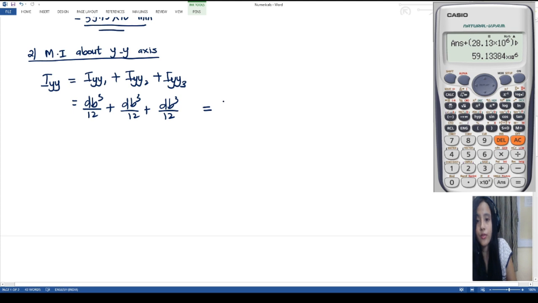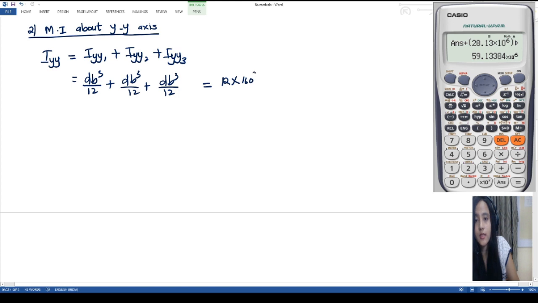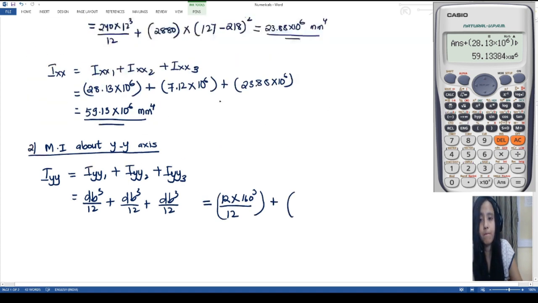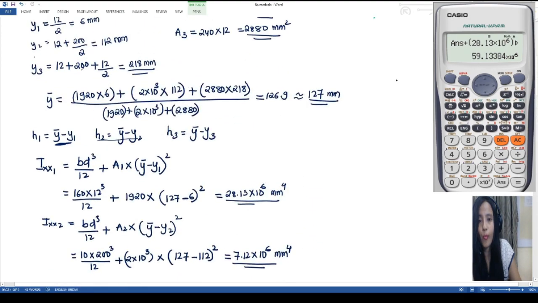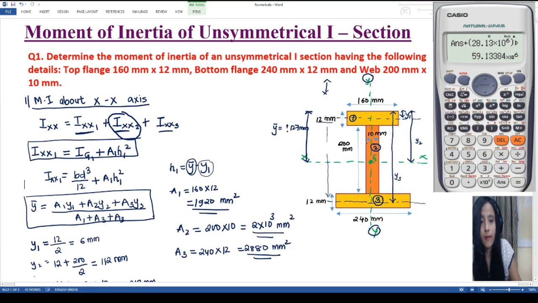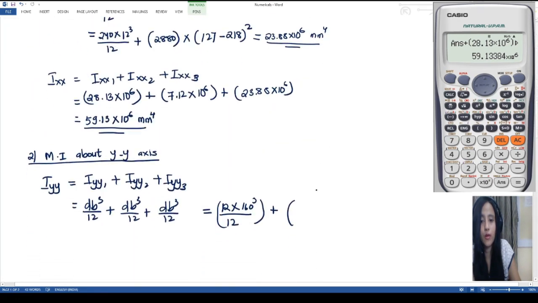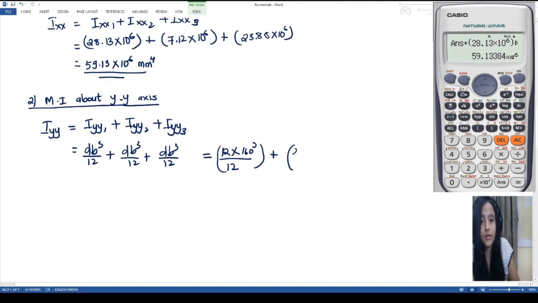My depth was 12 and B was 160, so 12 into 160 cube by 12, plus again for the web portion my D is 200 and B is 10, so 200 into 10 cube by 12.